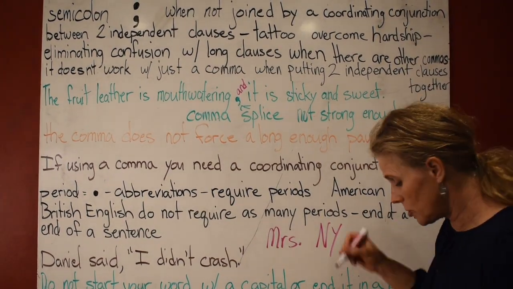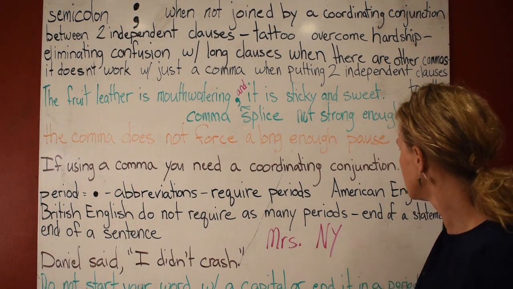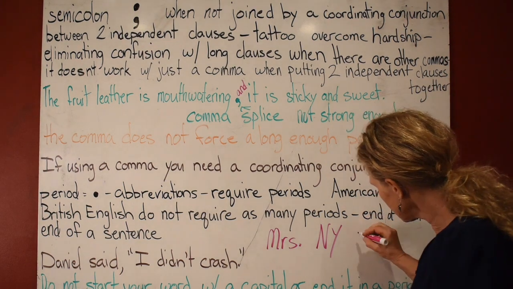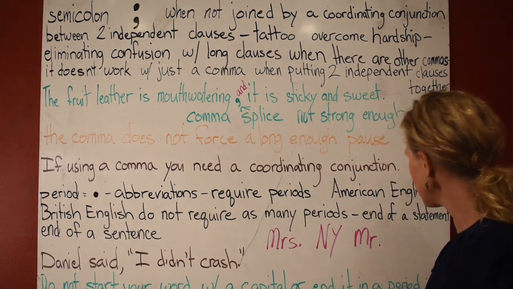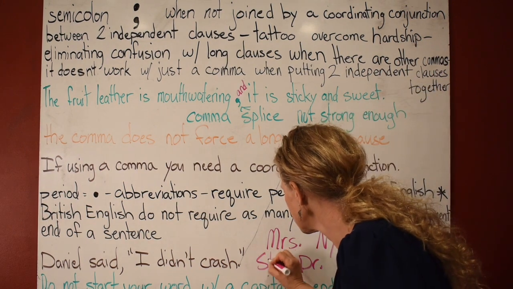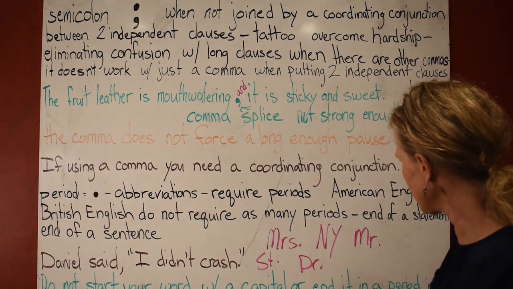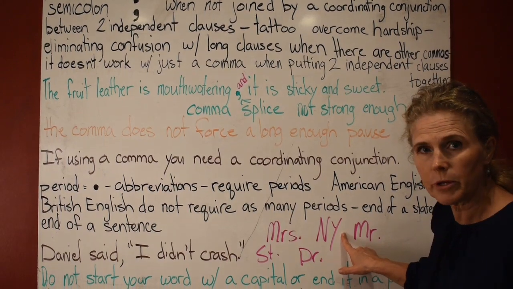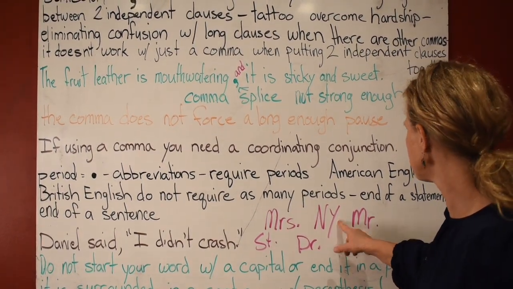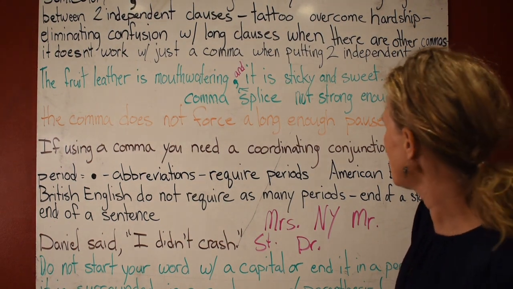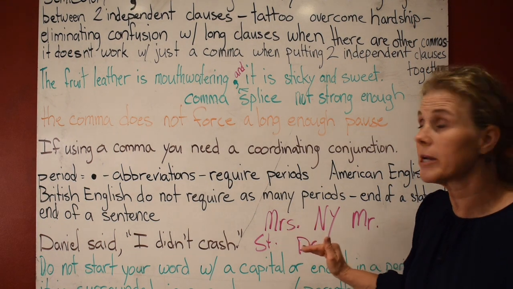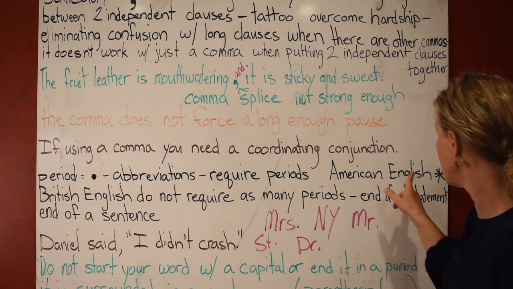You do not use something like that. Does that make sense? Or Mr. Period. Doctor. Period. Street. Period. You would use periods on that. But you're not using them when you're using it for a state. Okay, so now, and remember, British English does not require as many periods on abbreviations as American English.